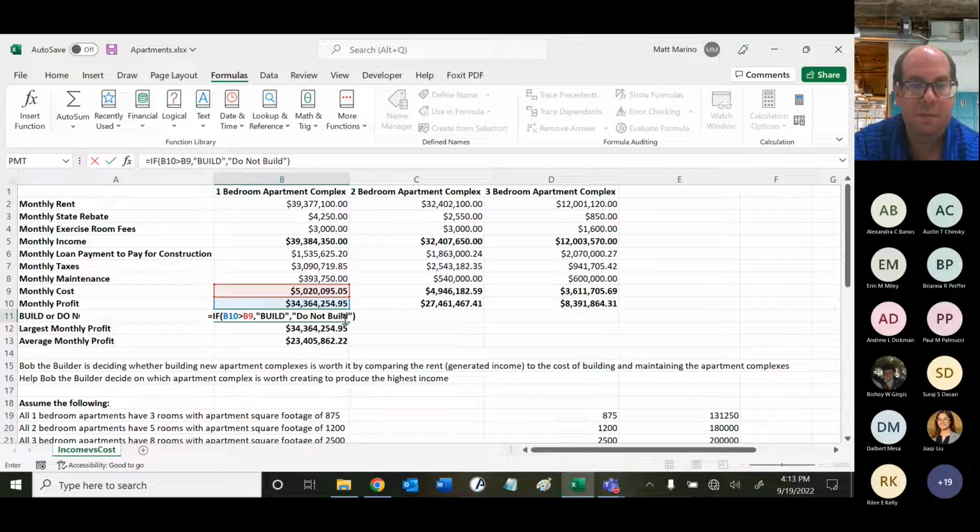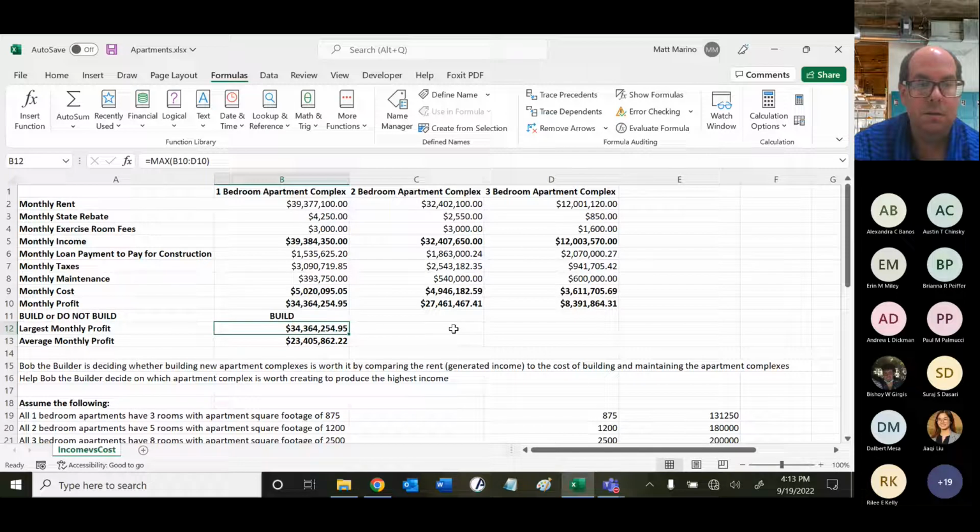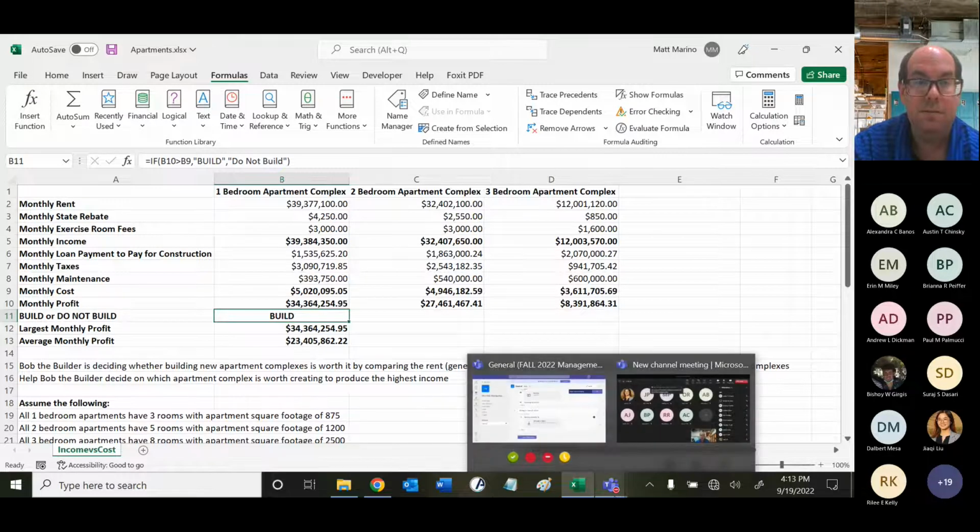If not, do not build. So you got do not build? Did you put the formula in backwards? If B10 greater than B9, build. Otherwise, do not build.